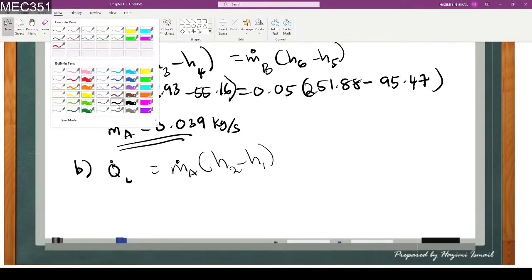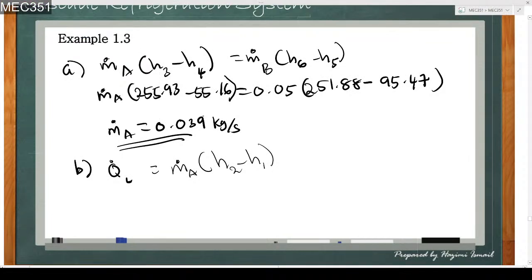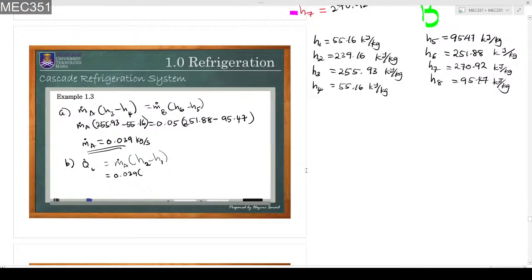Okay. H2 minus H1. And straightforward, M dot A is the value that we obtained in question A, 0.039 times the enthalpy change of H2 and H1. 2939.16 minus H1, 55.16. And finally, we get the value.